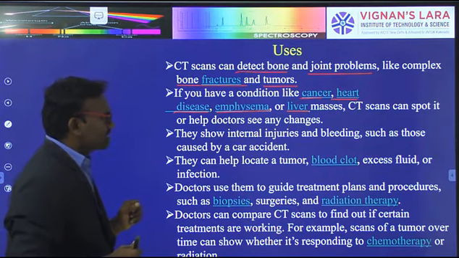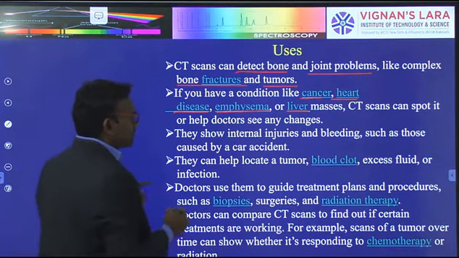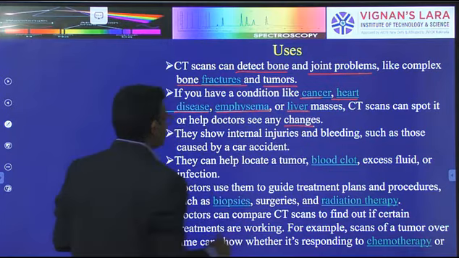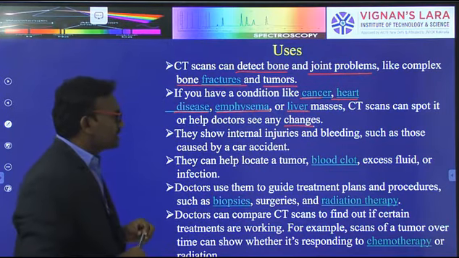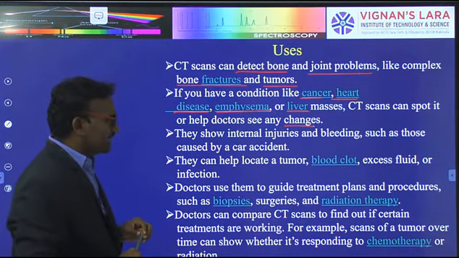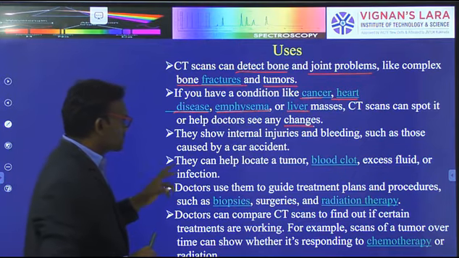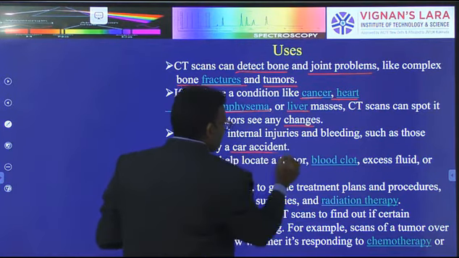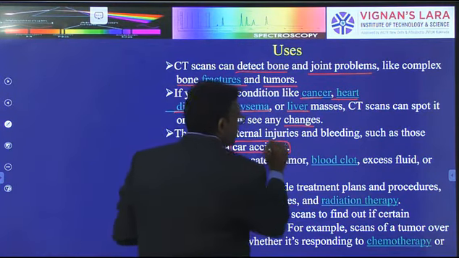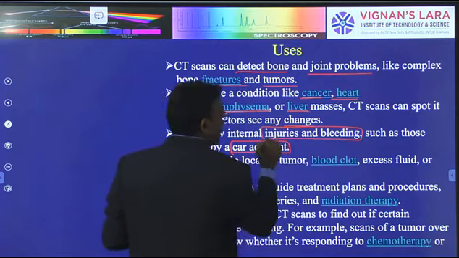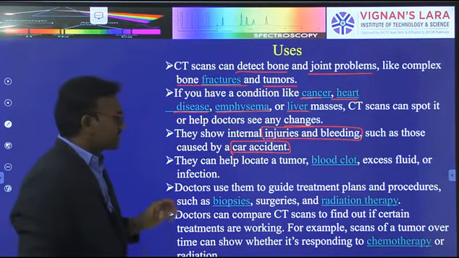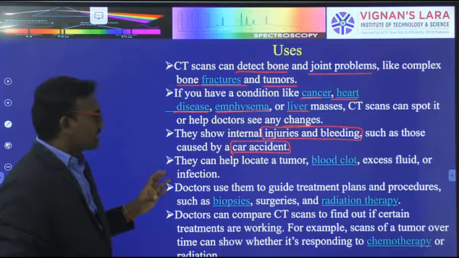CT scans help doctors see any changes. They show internal injuries and bleeding, such as those caused by a car accident. So it also helps find out the exact problem.